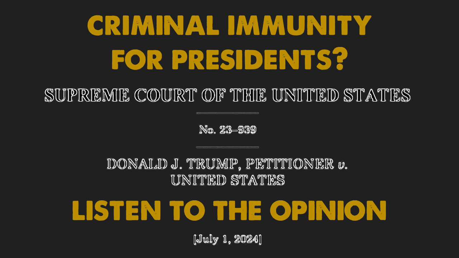The President may discuss potential investigations and prosecutions with his Attorney General and other Justice Department officials to carry out his constitutional duty to take care that the laws be faithfully executed.